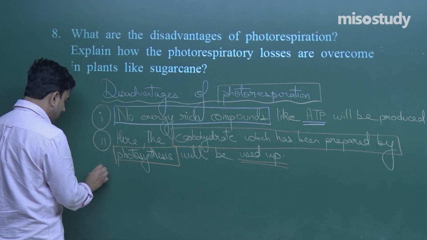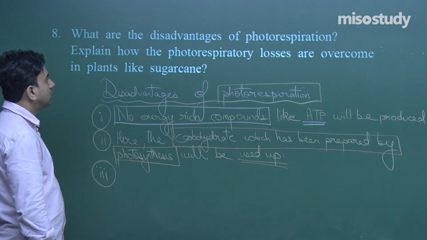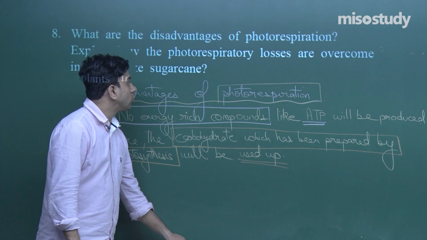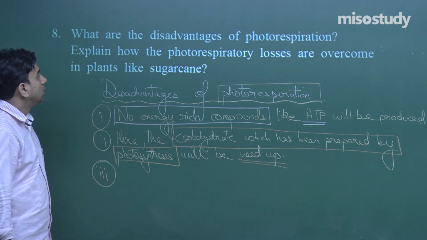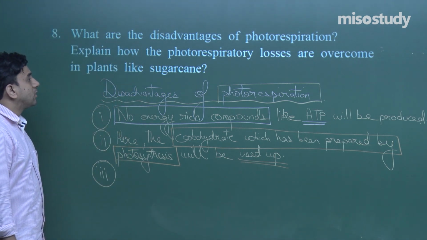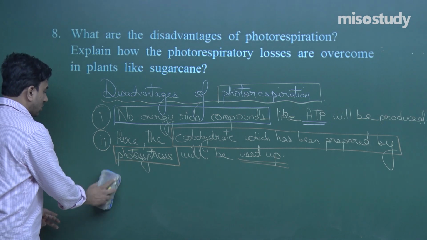And thirdly, how are the photorespiratory losses overcome in plants like sugarcane?